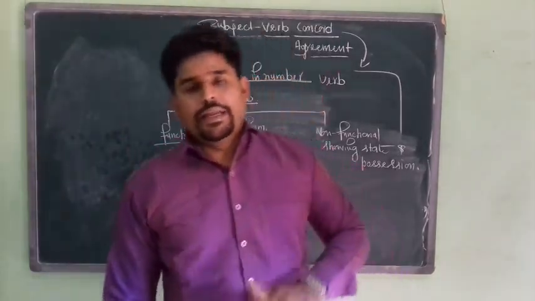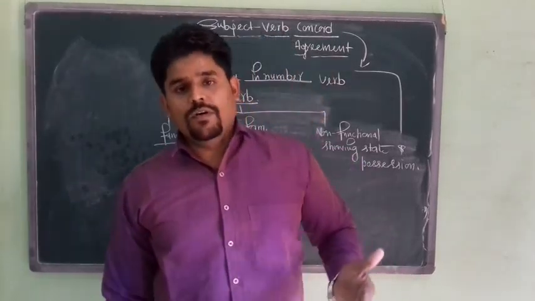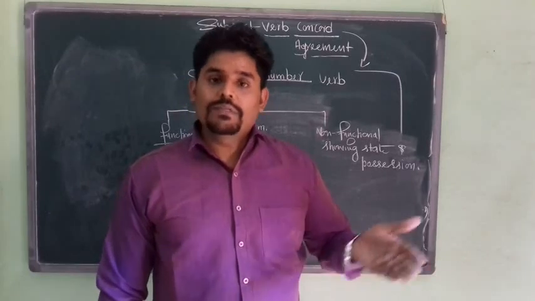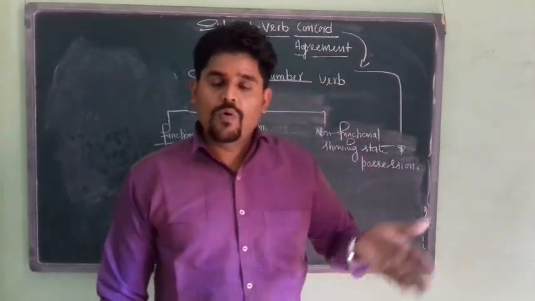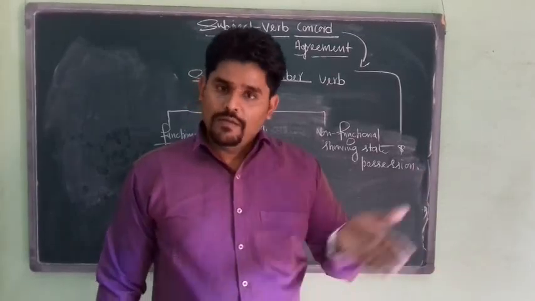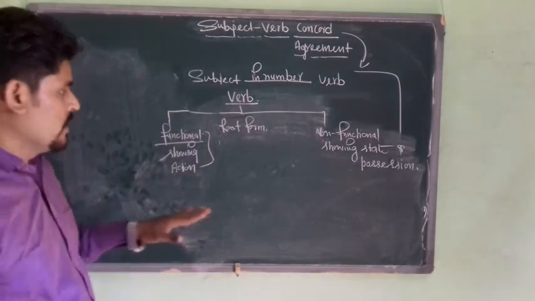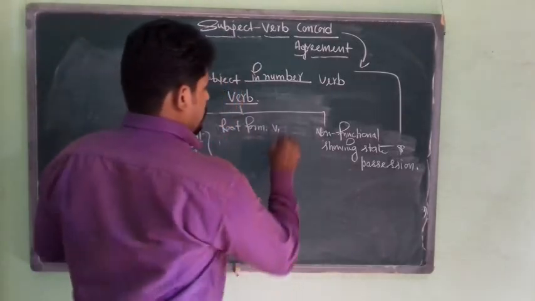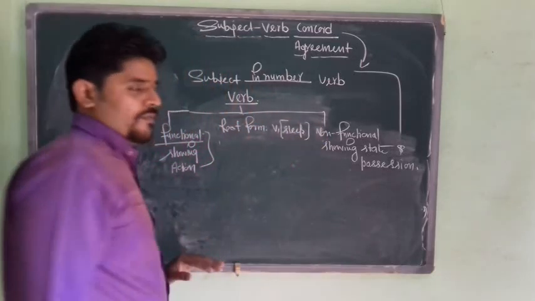Students, in English we have already learned a number of verb forms, like first form, second form and third form of the verb. For example, see, saw, seen, play, played, played, go, went, gone, come, came, come, become, became, become. So these are called the three forms of verbs. Here, what is the root form of verb? First form of the verb like sleep. We call it the root form of the verb.